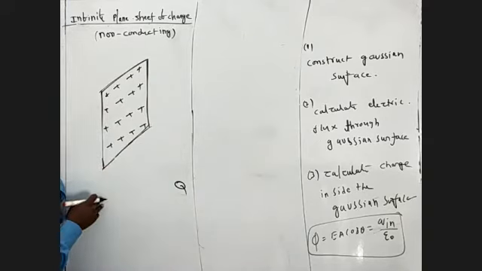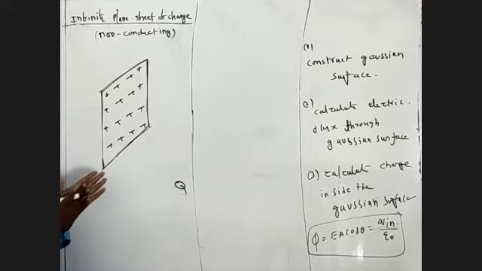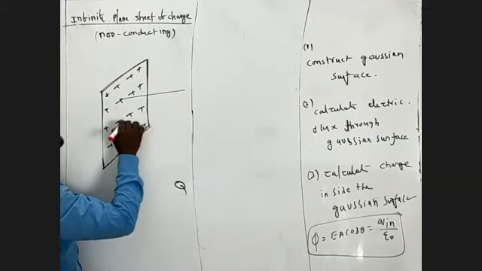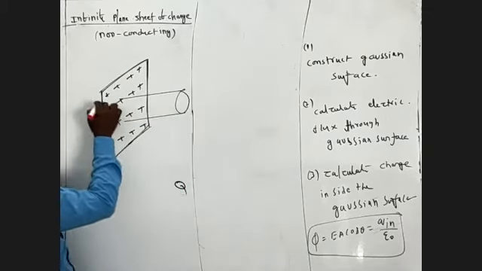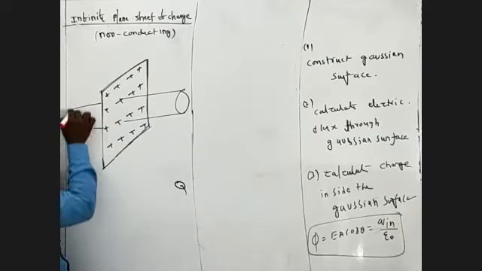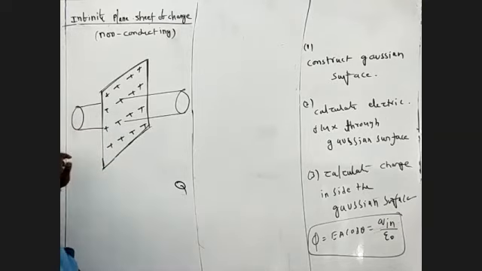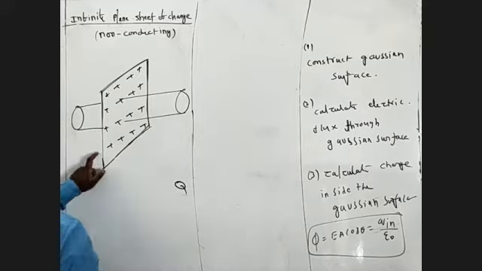The plane sheet is just a surface area, but the Gaussian surface is cylindrical. I'm going to connect this. This is the Gaussian surface. What is its shape? Cylindrical shape.